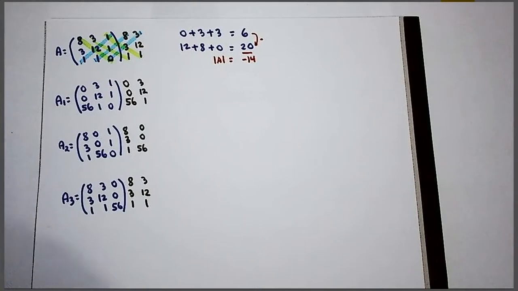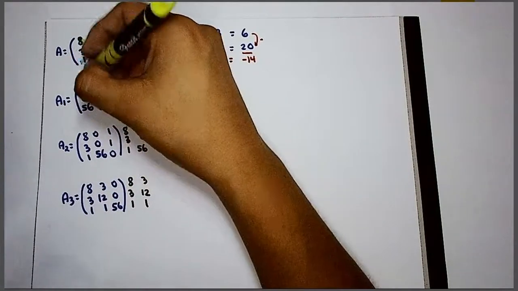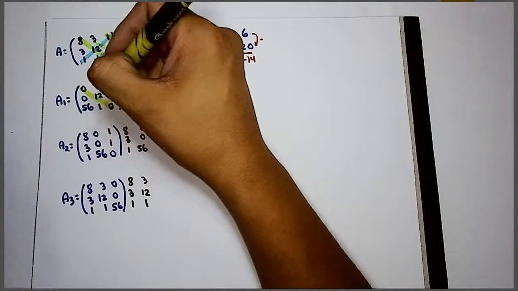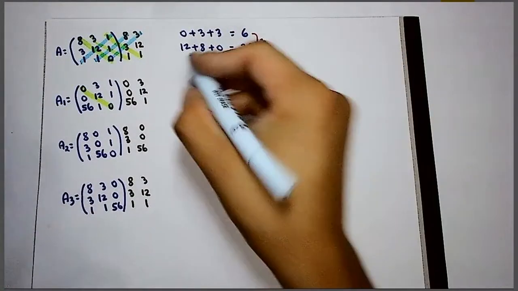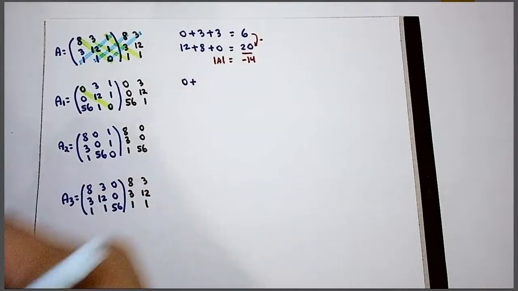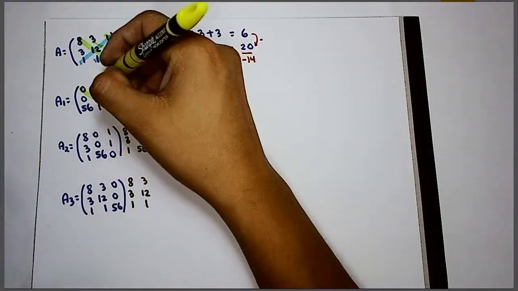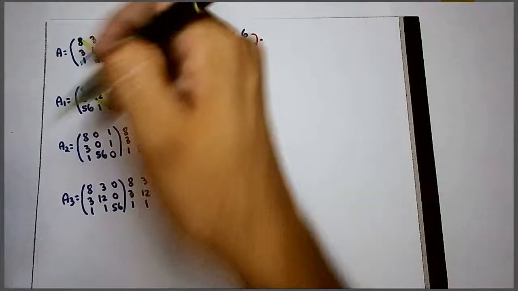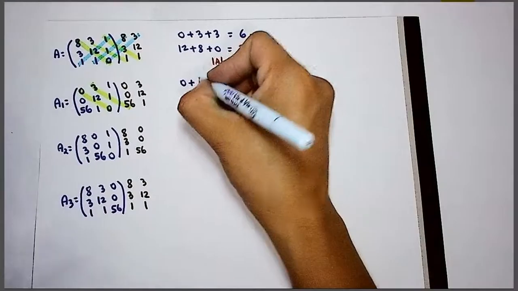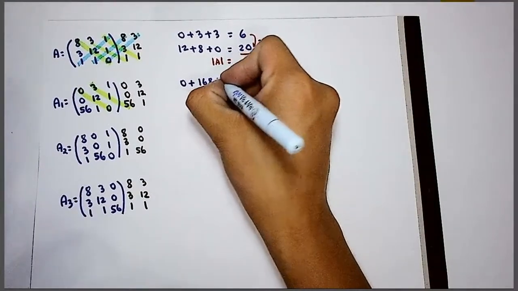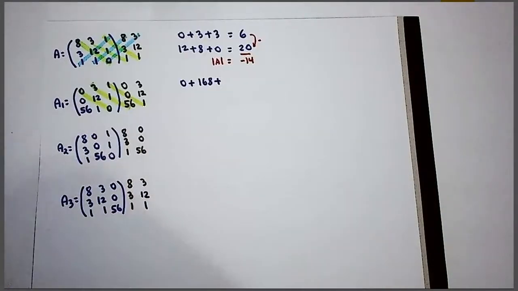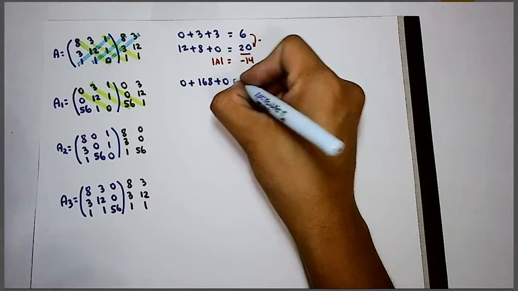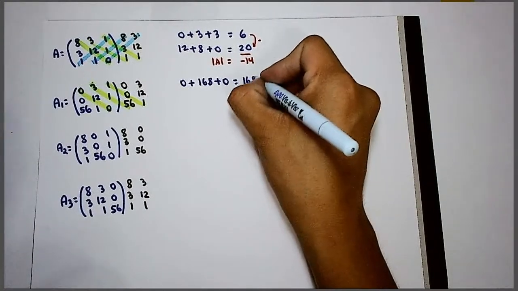Let's continue now with A sub 1. 0 times 12 times 0 is 0, plus 3 times 1 times 56 is 168, plus 1 times 0 times 1 is 0. So this is equal to 168.